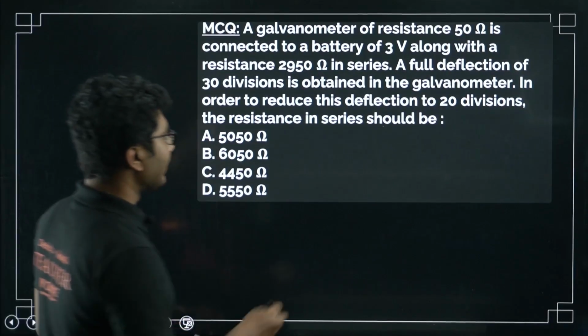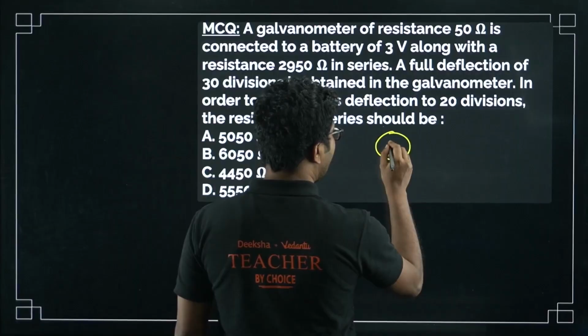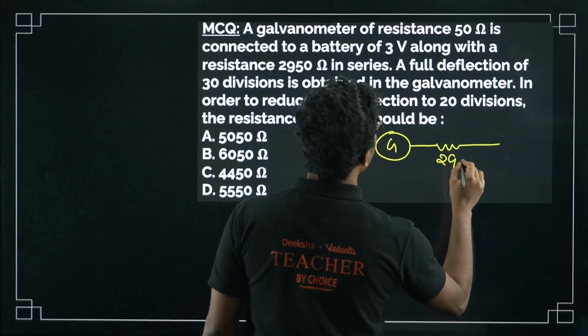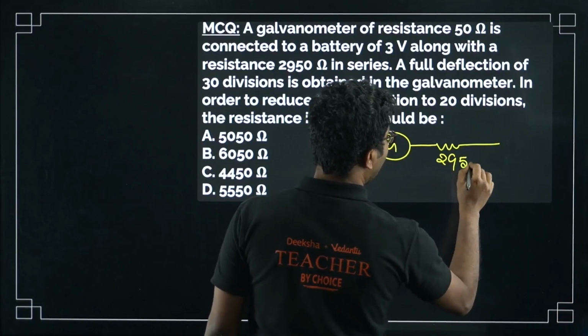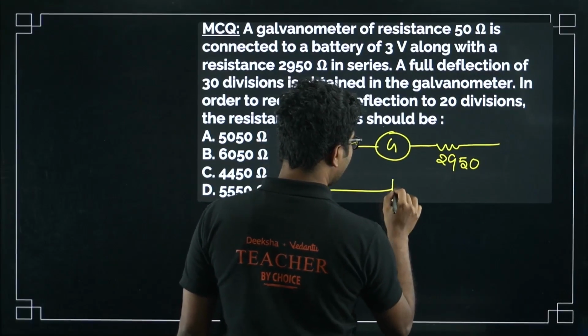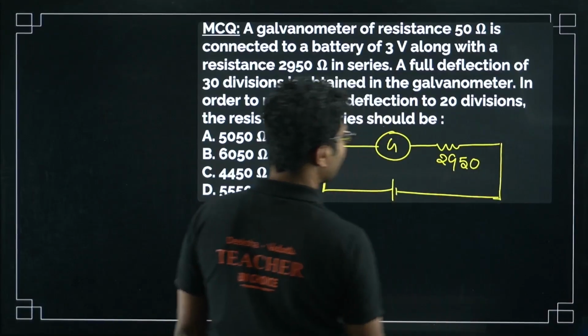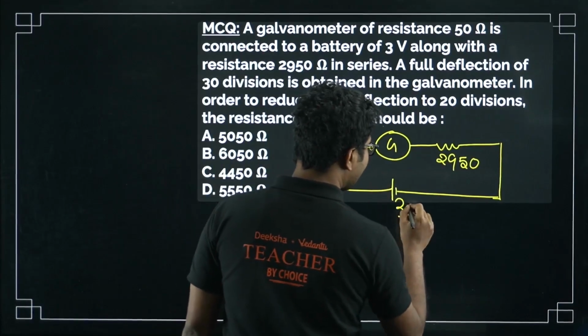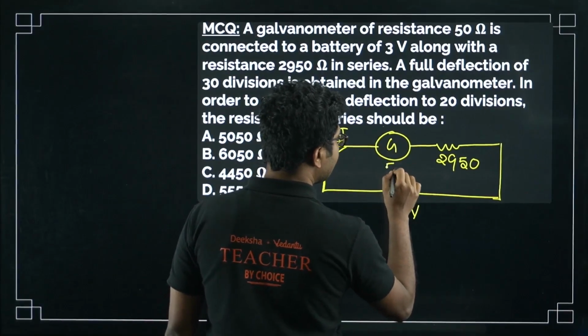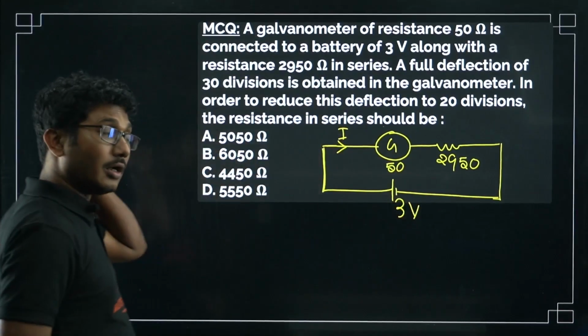So what is given here? Let's see the question. Galvanometer G in series with the resistance 2950 and the voltage of the battery itself is given. So we don't need to wait too much. What we have to do is calculate the current directly. The galvanometer resistance is 50.